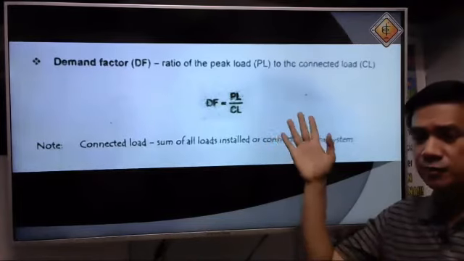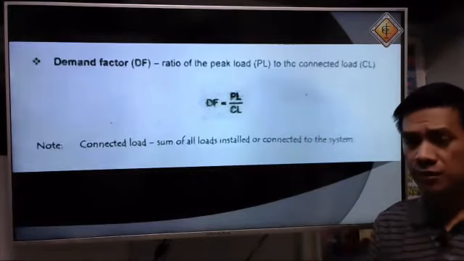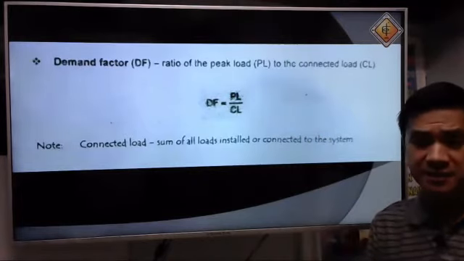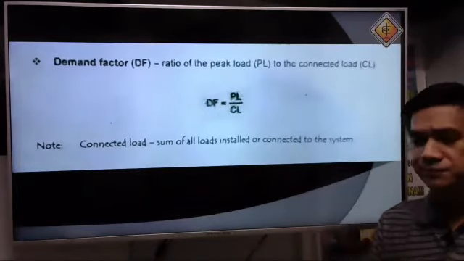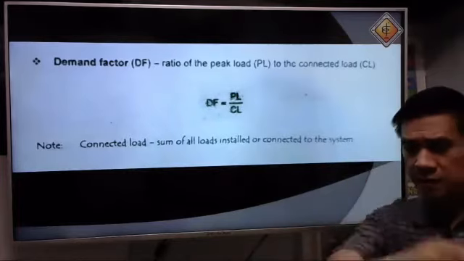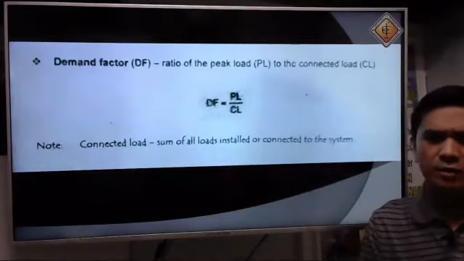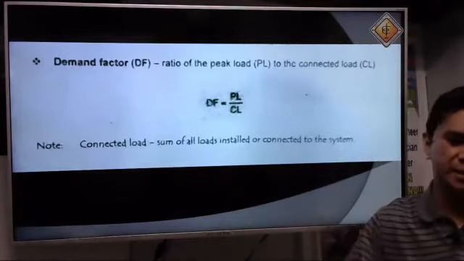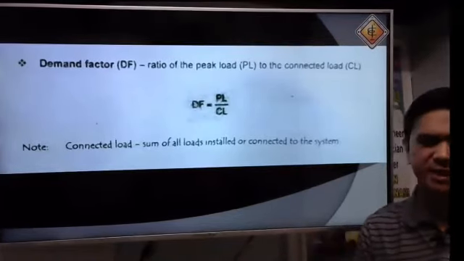It is being used in power plant engineering and also in electrical systems design, because they are assuming that, in sizing the wire and the circuit breaker, you will not operate all the loads simultaneously.